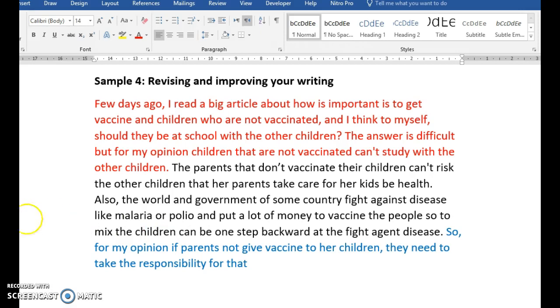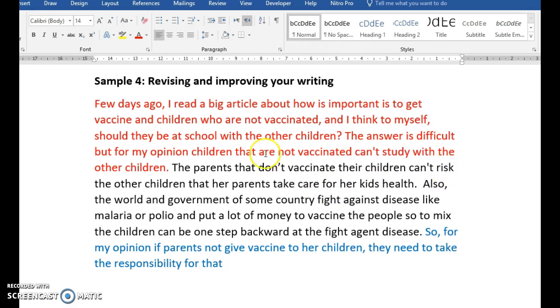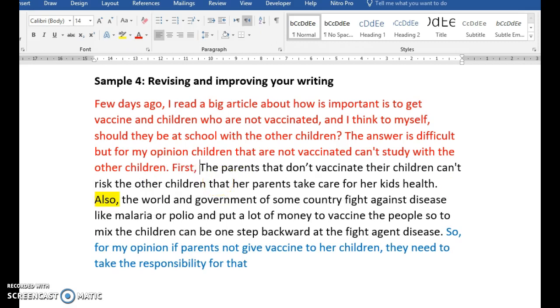Can't risk the other children that their parents take care for their kids' health. Okay, now, here we have also, right? So, let's put in a connector here. First, we'll change this. It's not part of that. And so first, also, and then we have our conclusion.